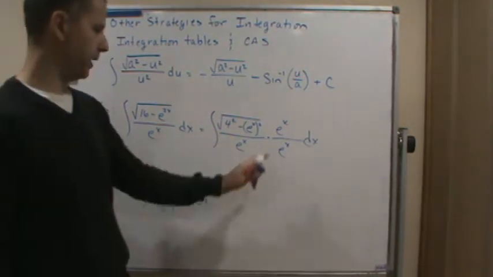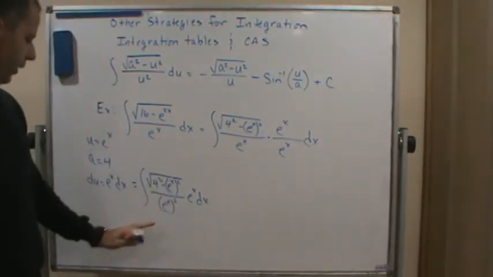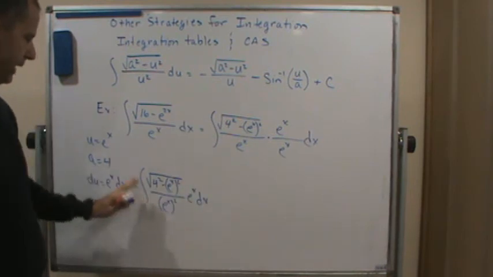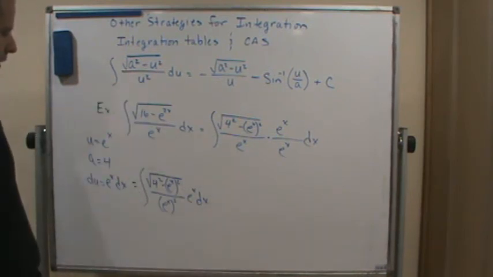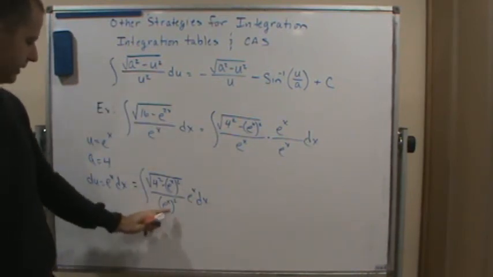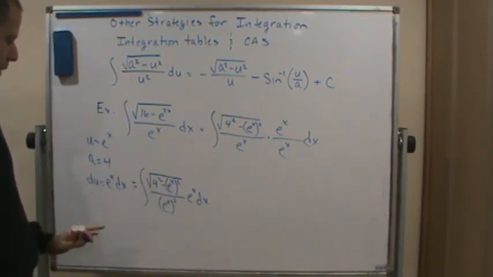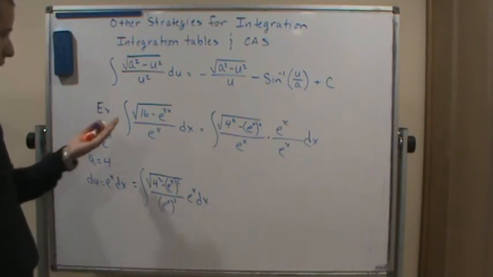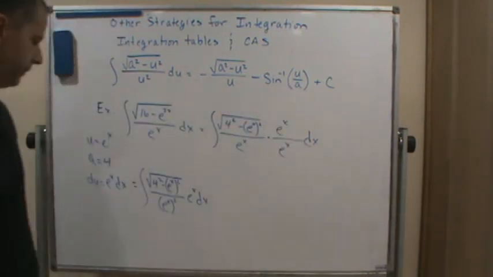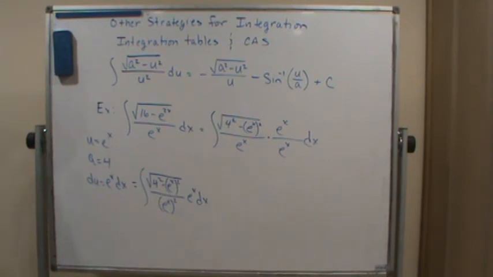All I did was multiply by a form of 1. So I can rewrite this, and now I've got it into the form I need. Now u is e to the x, a is 4, and all I have to do is plug it into this, and I'm done.